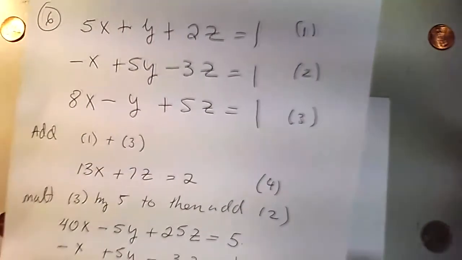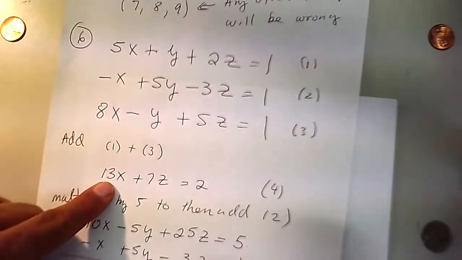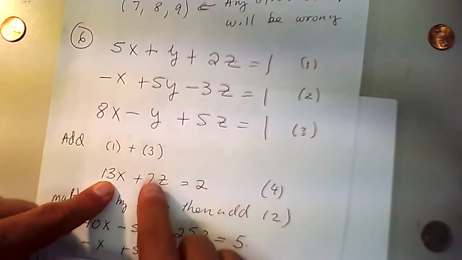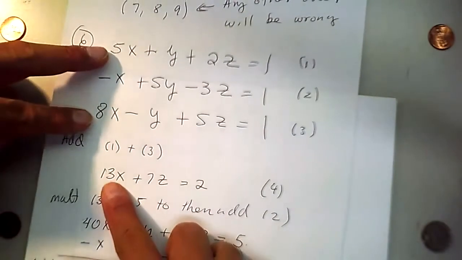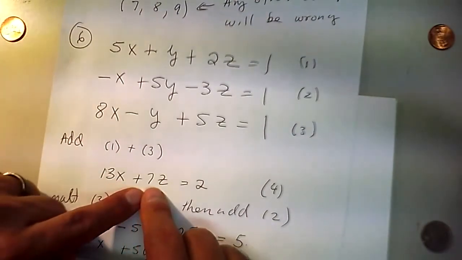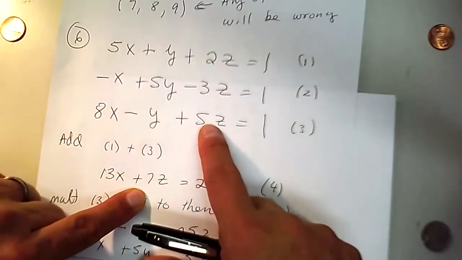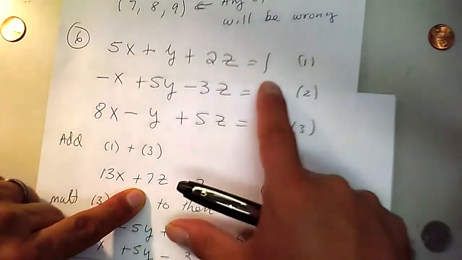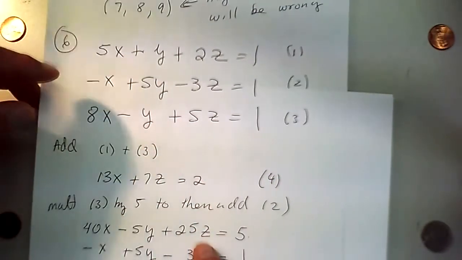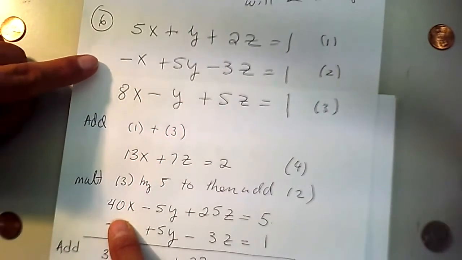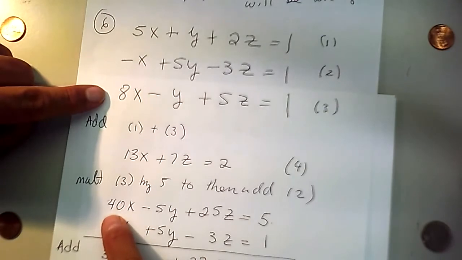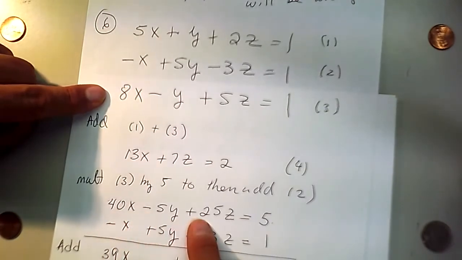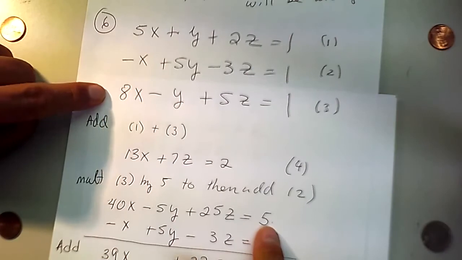Let me double check my steps just to be sure. So 1 and 3, 13, no y, 2 and 5, 7, 1 and 1, 2. Multiply equation 3 by 5, 40, 5, 25, 5.